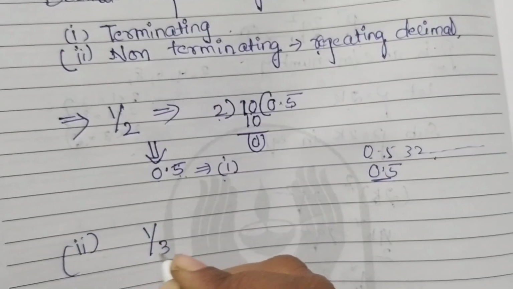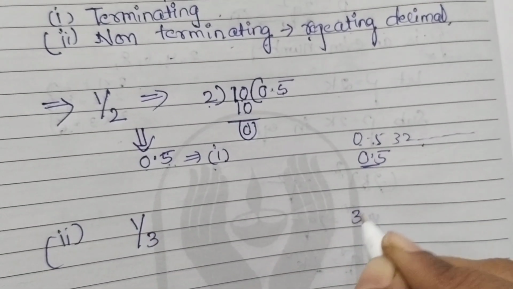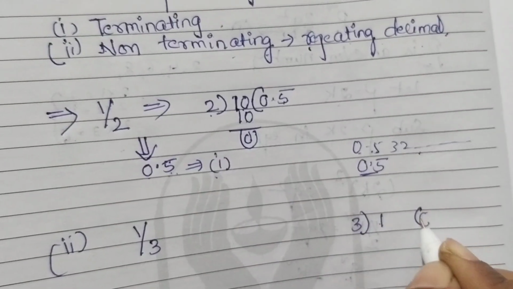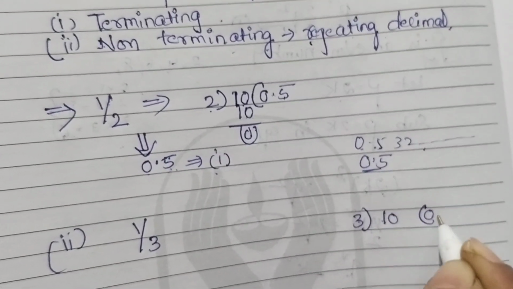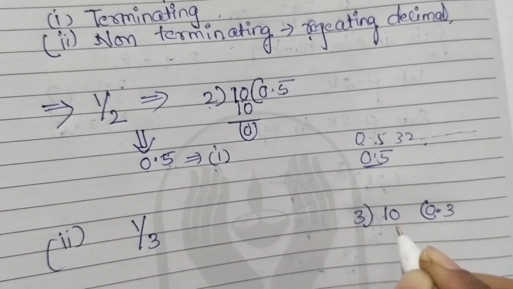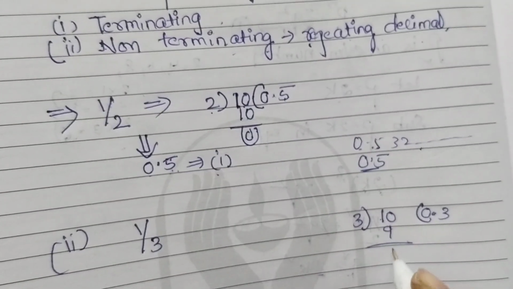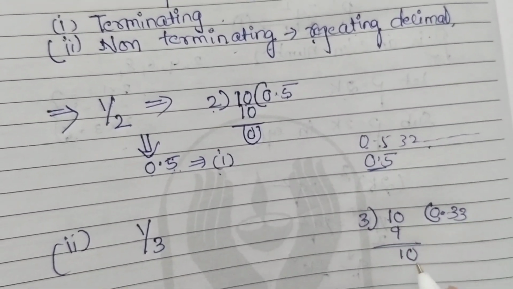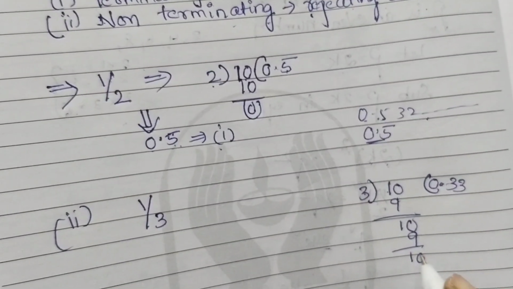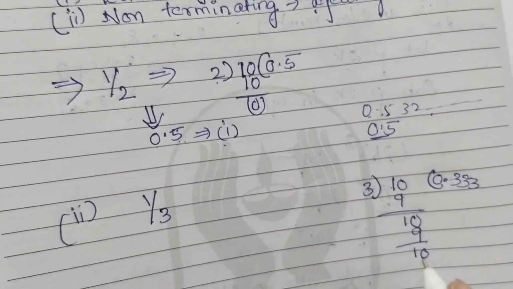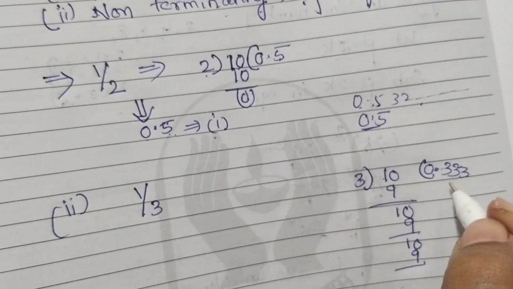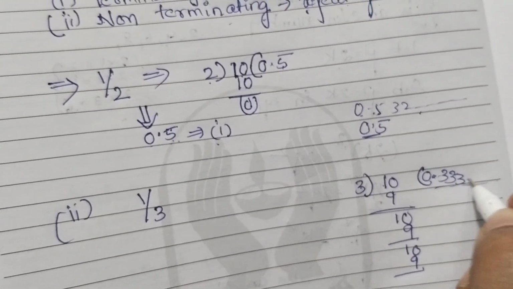1 by 3 if we take. Again 1 is less than 3. Again put a 0 here. Decimal. 3 threes are 9. Again 1. Again we have a decimal, right? So 0. 3 threes are 9. Again 1. 3 threes are 9. See, we are not getting the remainder as 0, right? And our quotient goes on expanding.